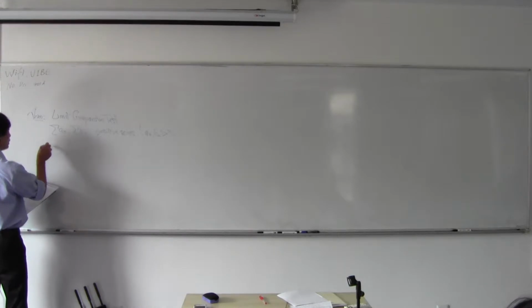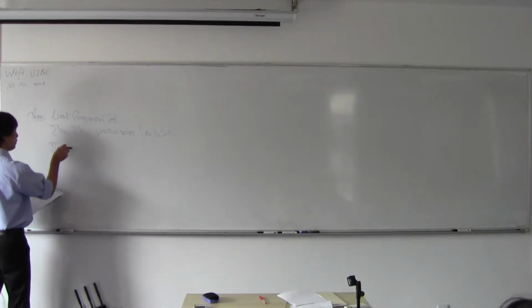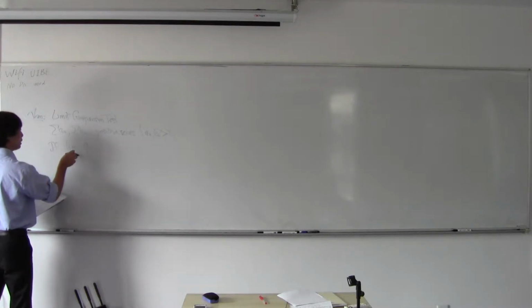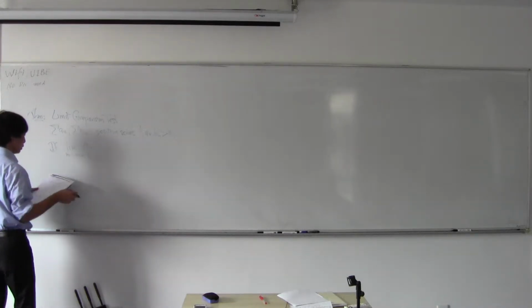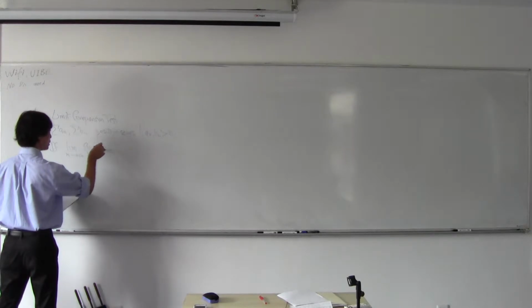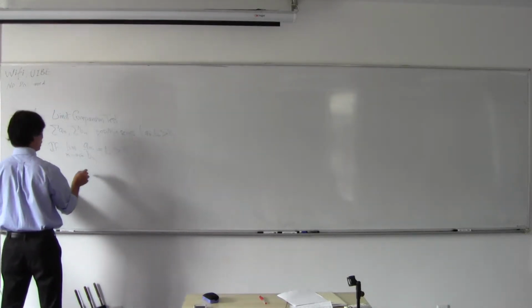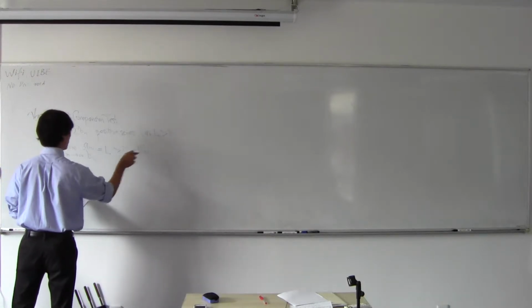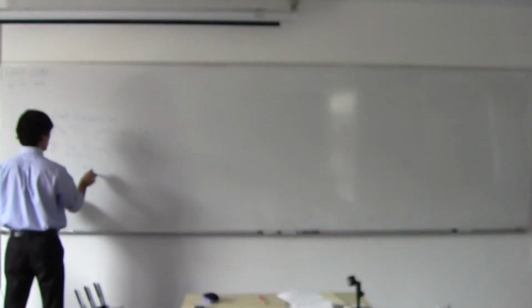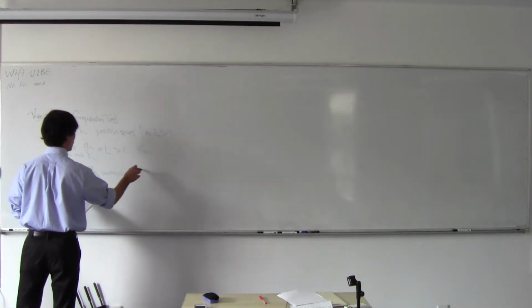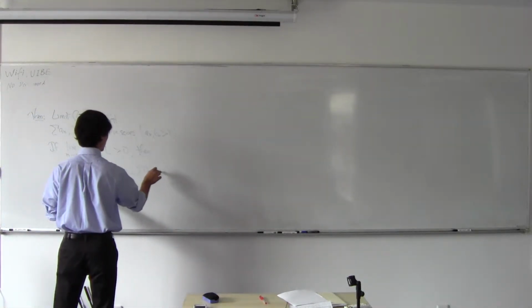Now, if the limit of the ratio of corresponding terms is some number bigger than 0, then A sub n converges if and only if B sub n converges.